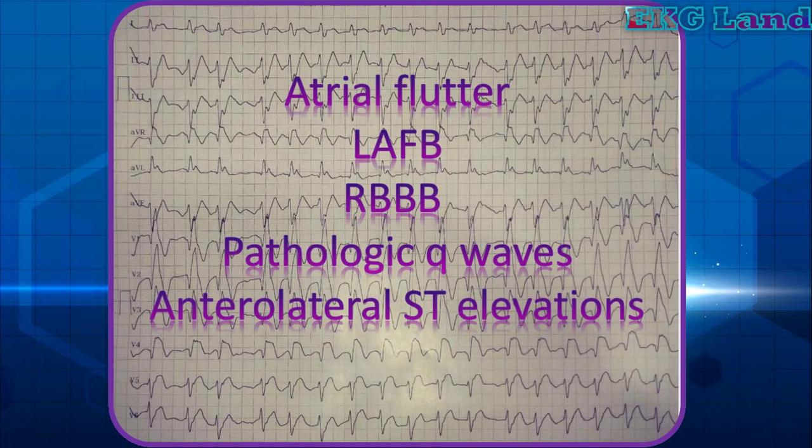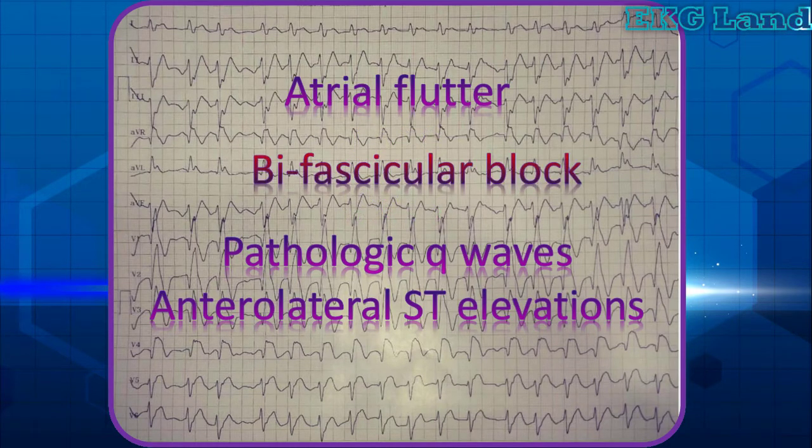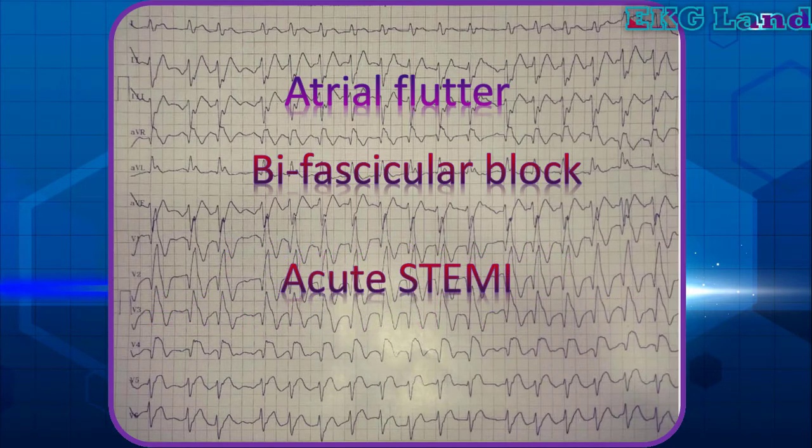The presence of RBBB with left anterior hemiblock establishes bifascicular block. Pathologic Q with ST elevation and concomitant chest pain is highly suggestive for acute ST elevation myocardial infarction. So, this tracing is suggestive for atrial flutter, with acute extensive anterolateral ST elevation MI, and bifascicular block.